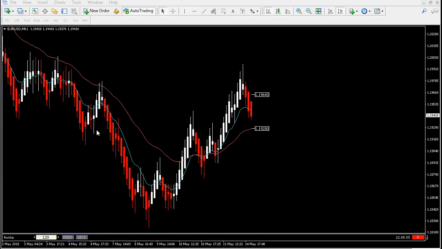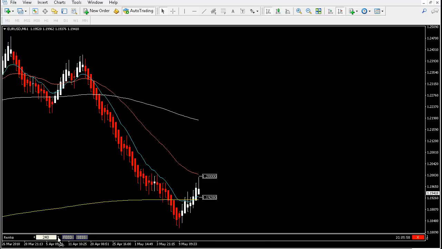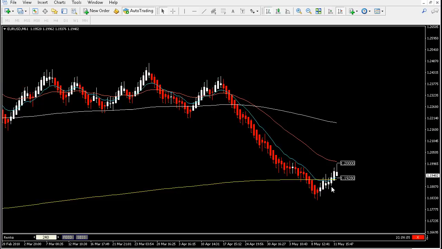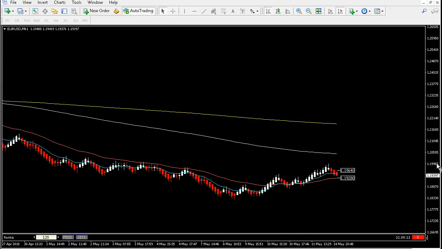On the 240, I mean, we have a short scenario because price did retrace to the 36 and looks like a big short 1 2 3. On the 120, 12 pips, we have a long scenario.